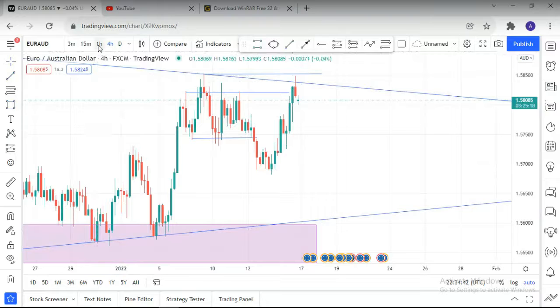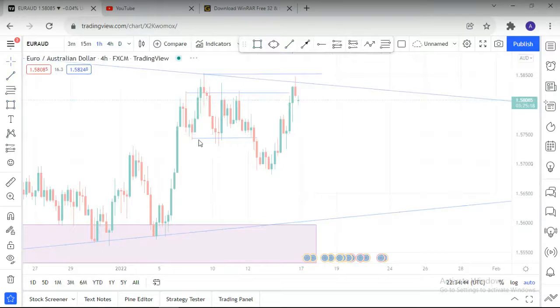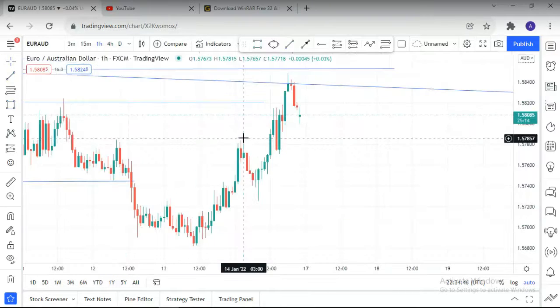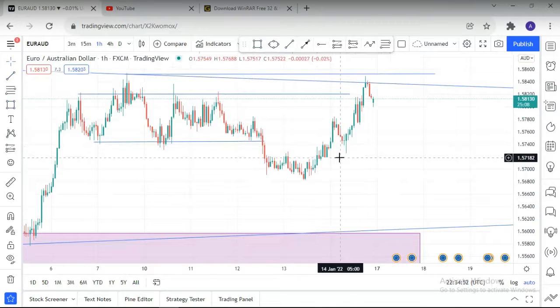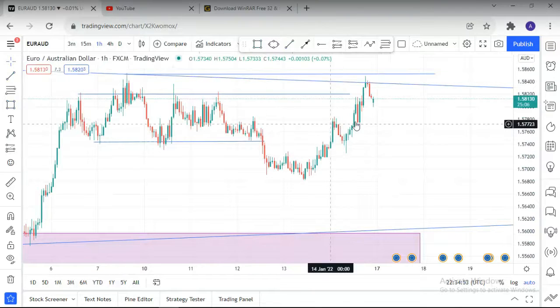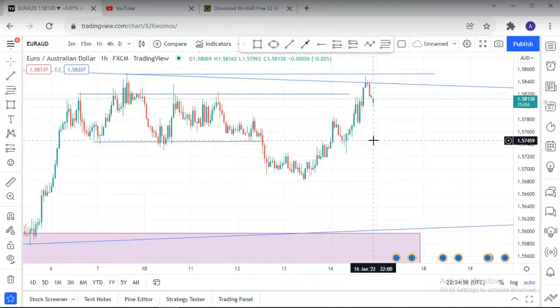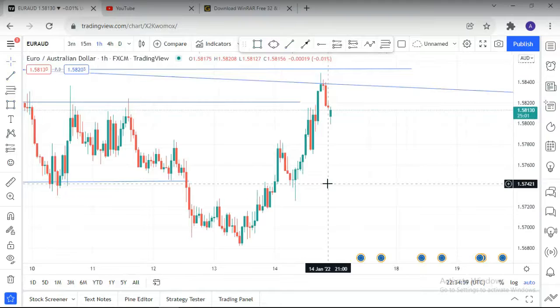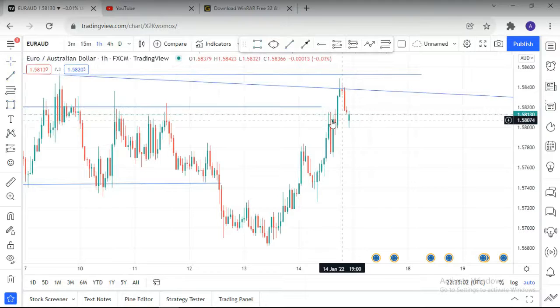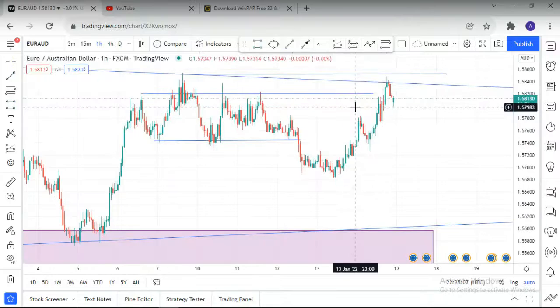Well, let's check on the 1 hour time frame as well. On the 1 hour time frame, we're getting to see the picture a lot clearer. Here we're saying that this is an order block. Price might possibly want to react from there, but I doubt it.